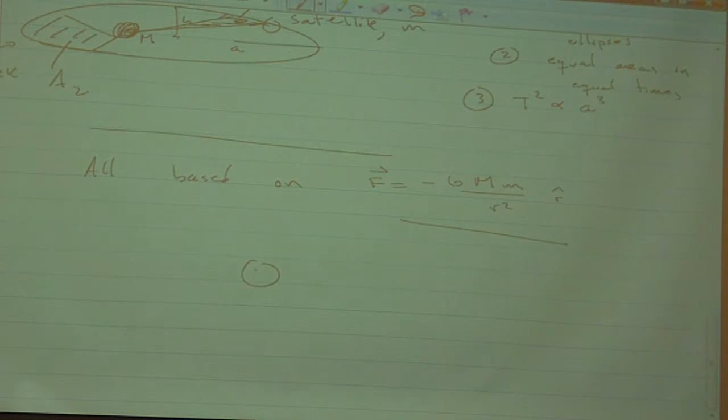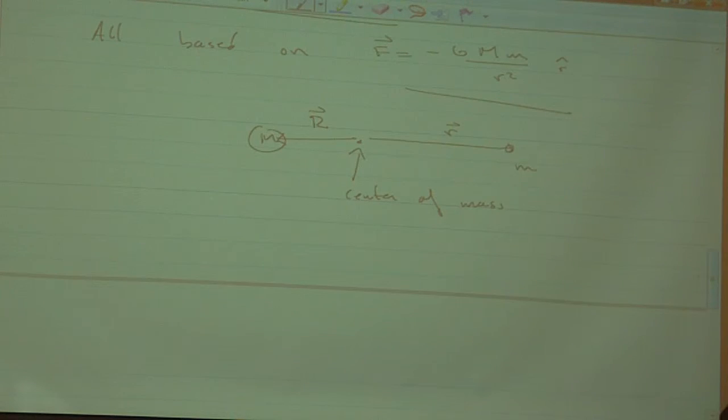gravitational force law. So we have some mass M, some other little mass m. There'll be a center of mass, and these two objects are going to orbit about their center of mass. We're going to let capital R locate the big object and little r locate the little object.